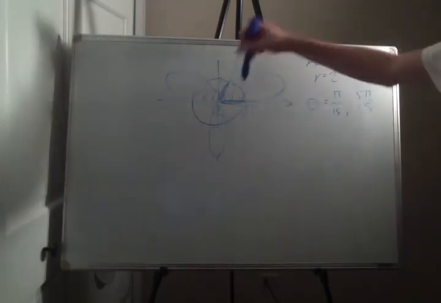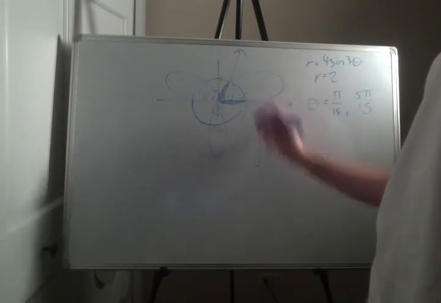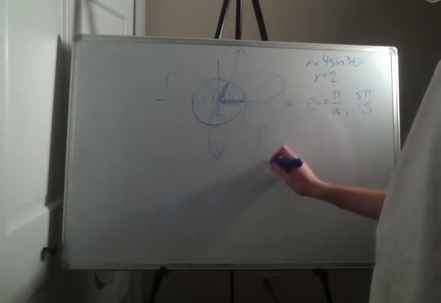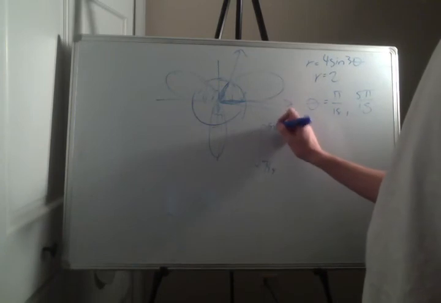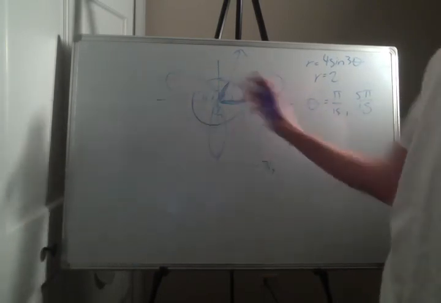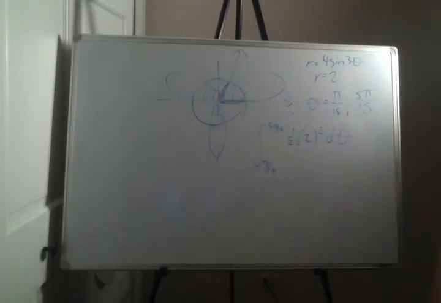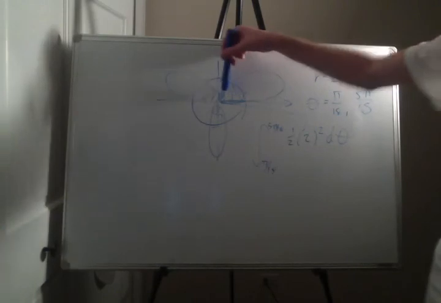First off, you want to get this part right here, because you know how to do that already. It would just be from the intersection point, so pi over 18 to 5 pi over 18, 1/2 times, and this one would be the circle, so it'd be 2 squared d theta. Even though there's no thetas in here, it's an easy one. Okay, so that is going to get you this part.